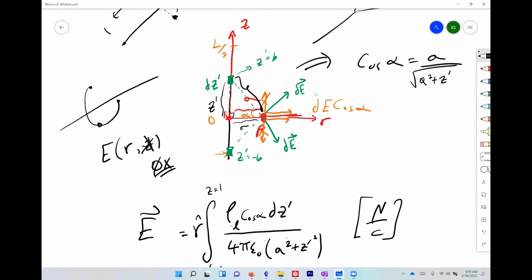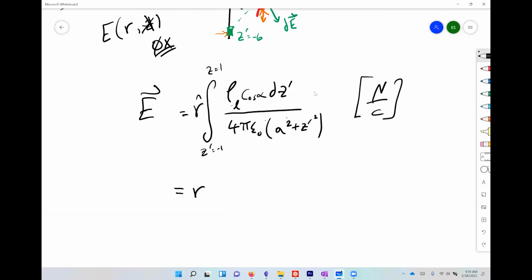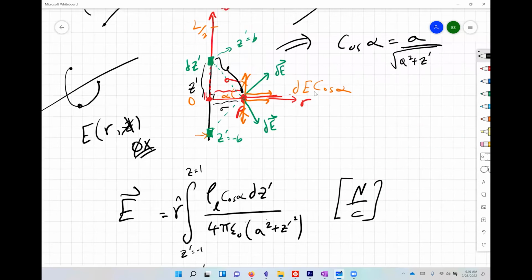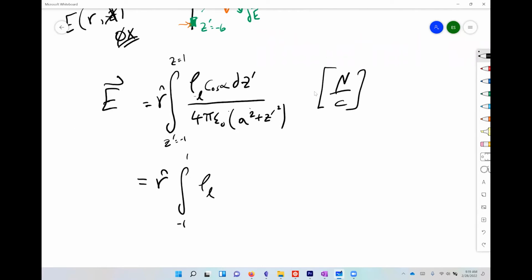That's what cosine alpha is. So I can rewrite this as the integral, z prime from minus l to l, of rho L a dz prime over a squared plus z prime squared to the power 3 over 2.